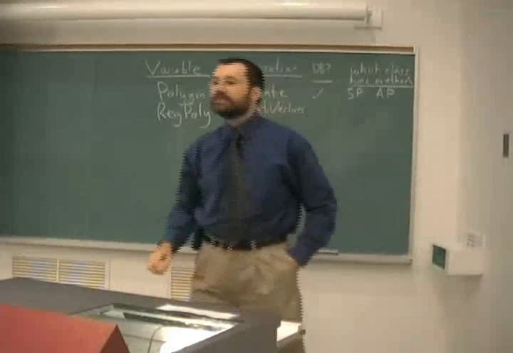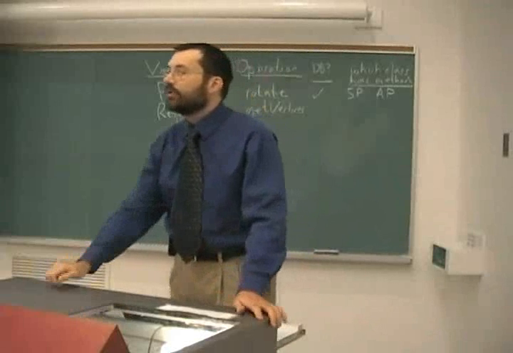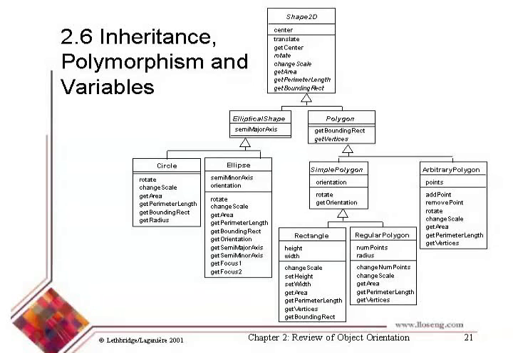Can somebody tell me whether dynamic binding would be used? Anybody? Who thinks dynamic binding would be used? Hands up. Who thinks dynamic binding would not be used? Hands up. Okay, so nobody wanted to volunteer that information. Fine. Okay, why would dynamic binding not be used?